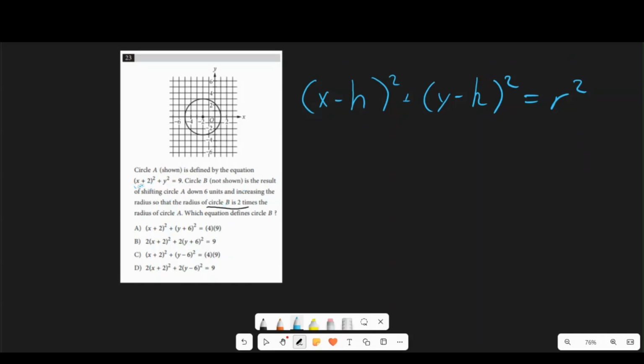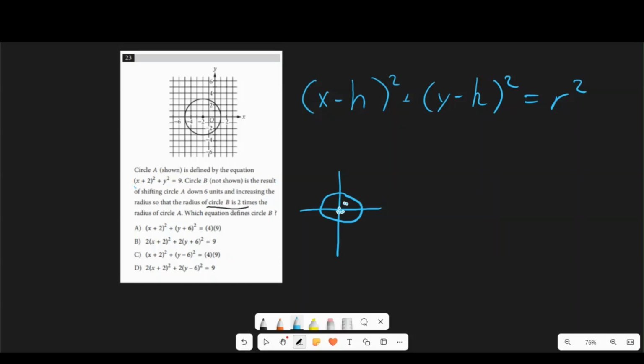So let's see, how did we get this equation of a circle? Does this equation make sense? Well, imagine a circle directly on the origin, and let's say its radius was 3.